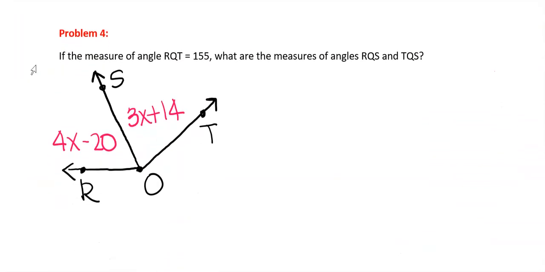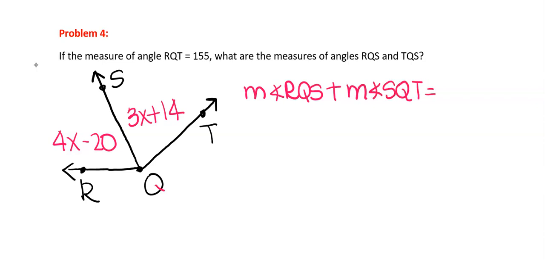Now let's learn how to use that. If the measure of angle RQT, oops, this is a Q, is 155, so this whole entire angle measures 155, you're going to break it down into the two parts: the measure of RQS plus the measure of SQT equals the measure of angle RQT.